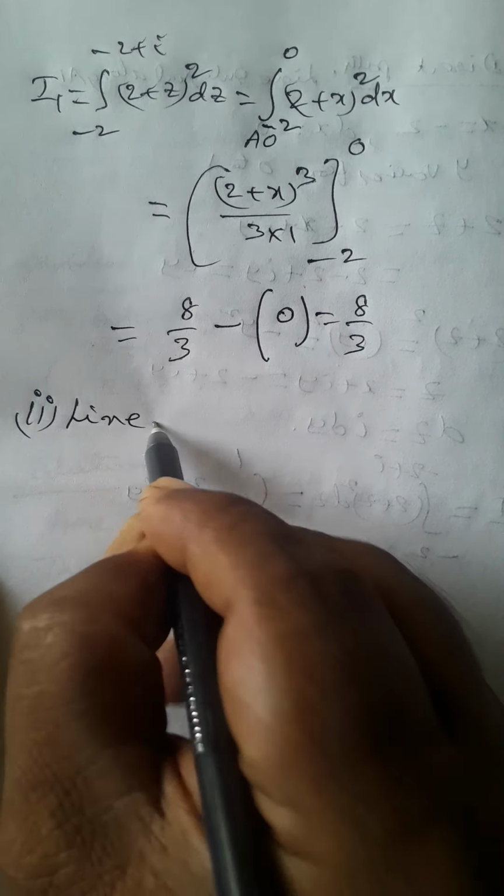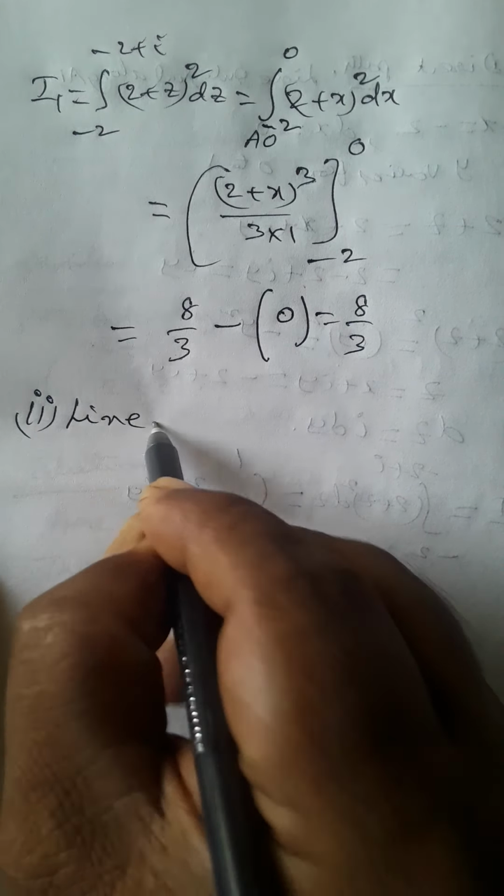Z is equal to x plus iy, x 0, so iy, and dz is equal to i dy. I2 is equal to the integral from 0 to 1 of (2 plus iy) whole square i dy.